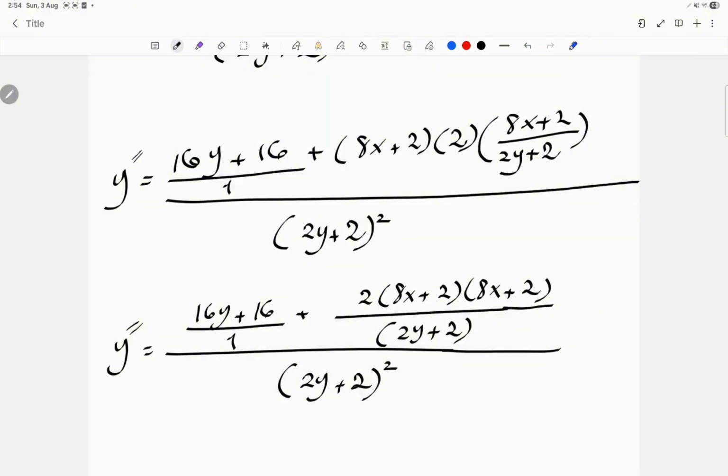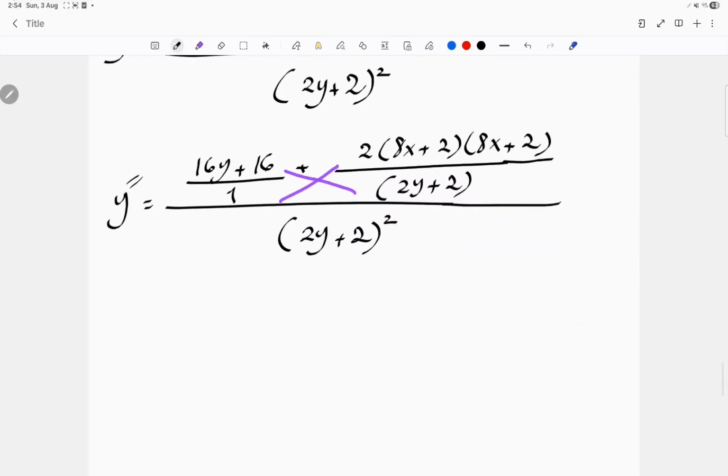Now, what is your recommendation to me? What should I do? Cancel out the denominators. How about I cross multiply? What does that do?